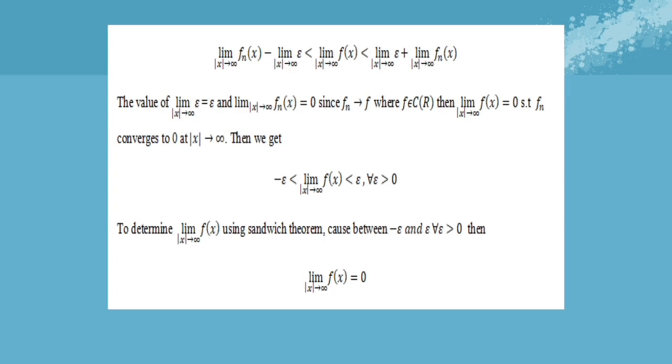Then we get that minus epsilon is less than the limit of f(x), which is less than epsilon, for each positive epsilon. To determine the limit of f(x), we use the sandwich theorem because it is between minus epsilon and epsilon. For each epsilon, we get that the limit of f(x) is equal to 0.